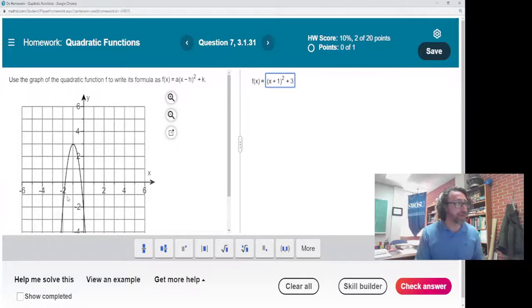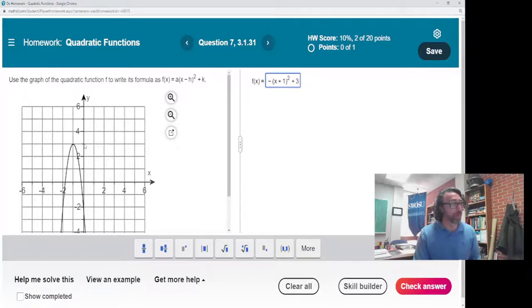Now notice this graph opens down, so my lead coefficient should be negative. But there's more to it. If my lead coefficient were just -1, it would be over 1, down 1. But that's not happening.